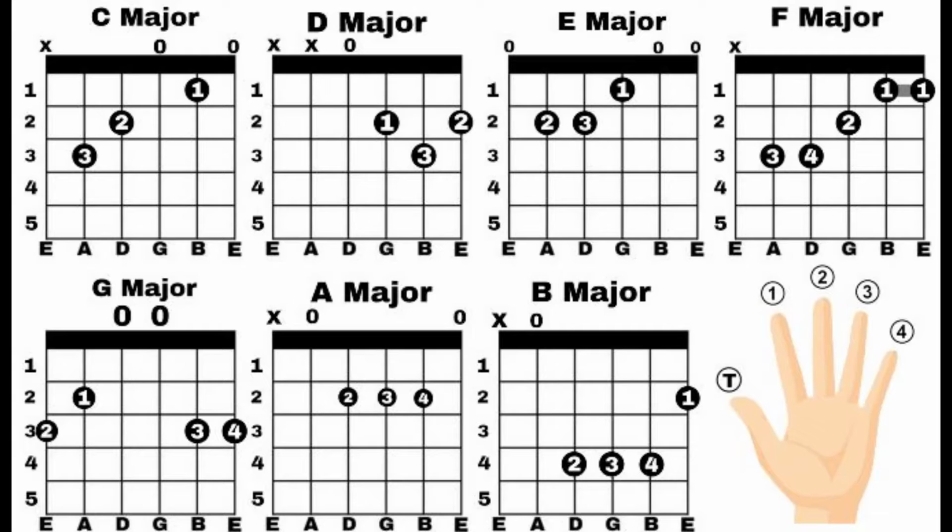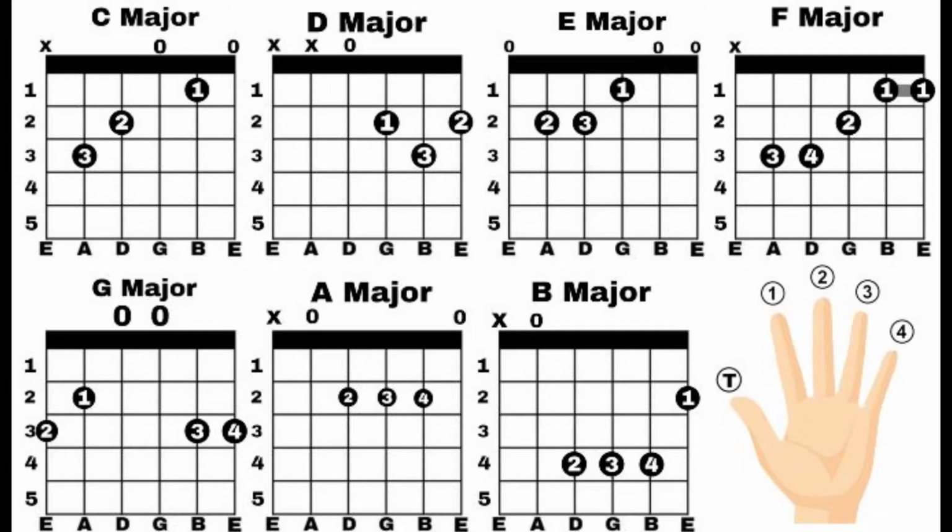You are going to start playing the strings from the fifth string, because as you can see, the cross is on the top of mi, so then you don't play that string.